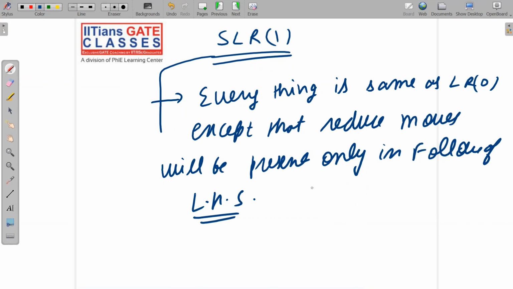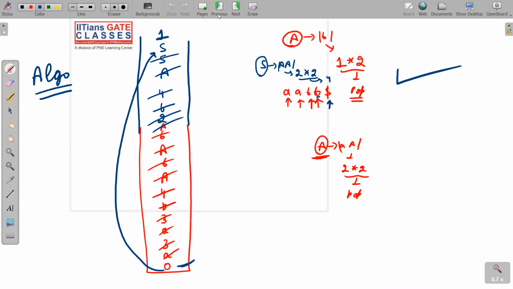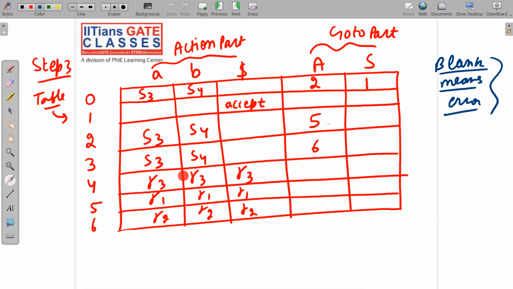In the LR0 parser, reduce moves were present in the entire action part, but in the SLR1 parser, reduce moves will be present only in follow of LHS.